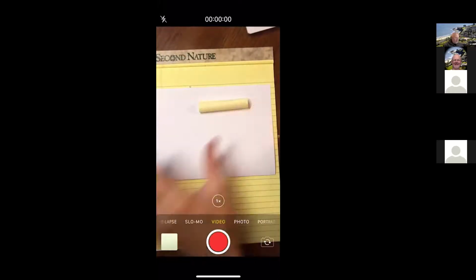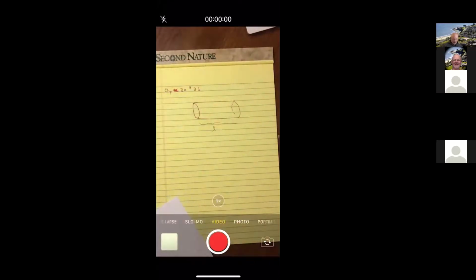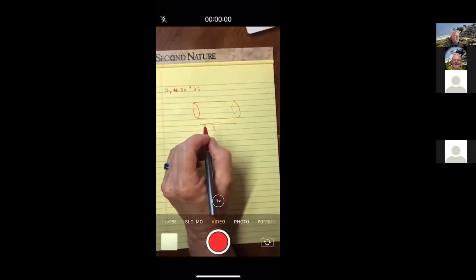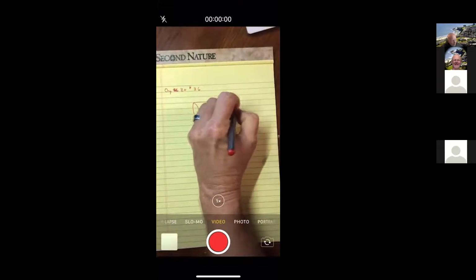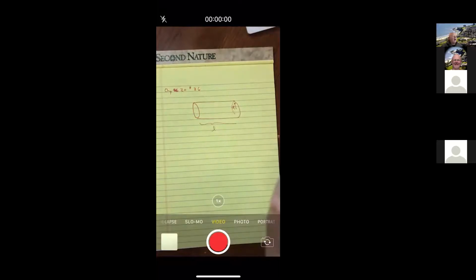So that's going to be my solenoid, and I'll keep it handy in case I need to come back to that. And this problem says, consider a solenoid of length L and radius capital R. All right. So maybe over here, I'll put capital R for the radius.